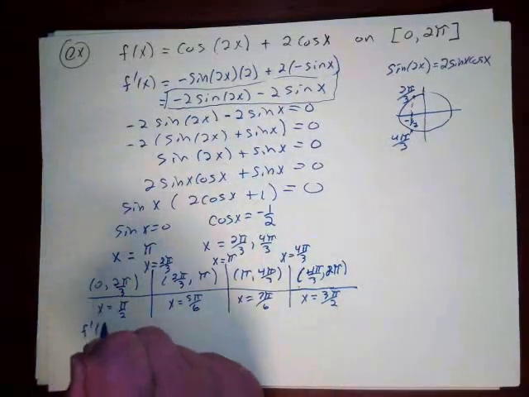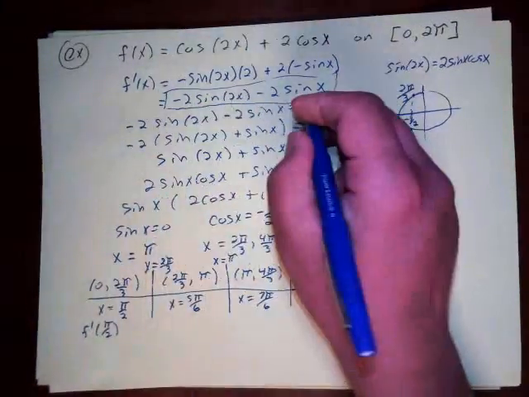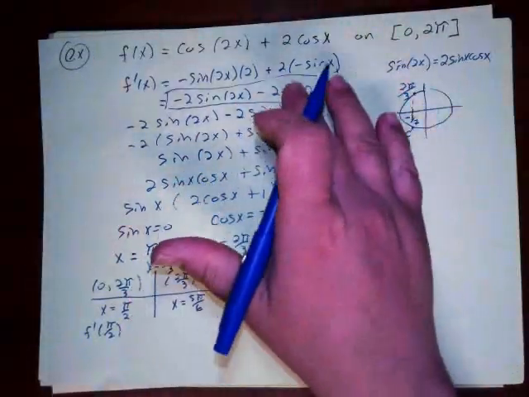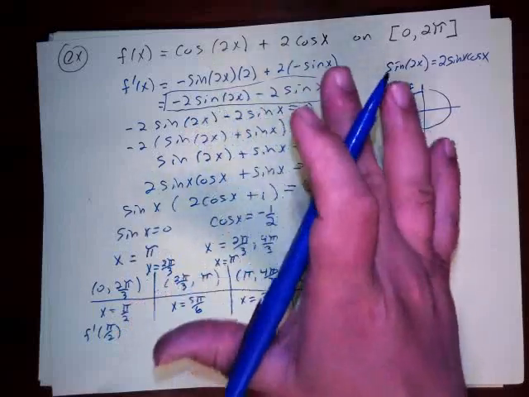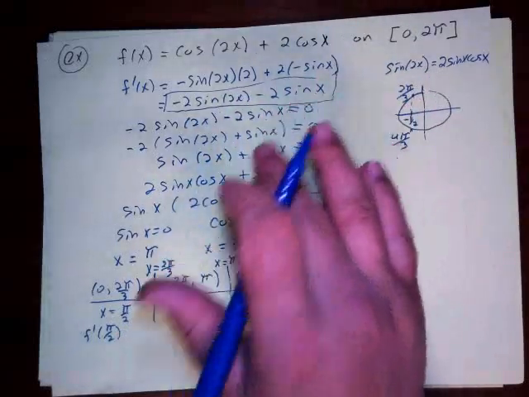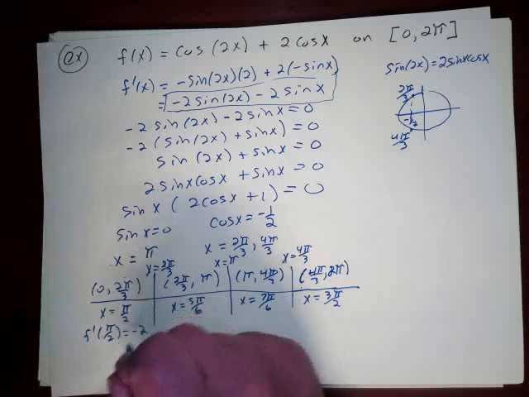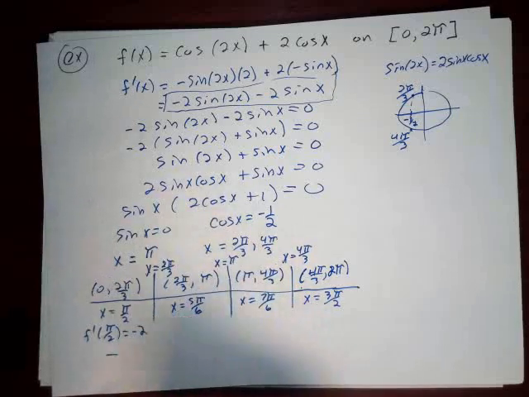So the derivative at pi over 2. So when you put it back, and this is tedious, and I would do exact answers, or you don't have to do exact answers. You really just need to know whether it's positive or negative. But when you put it into here, what I got was -2, so it was negative there.